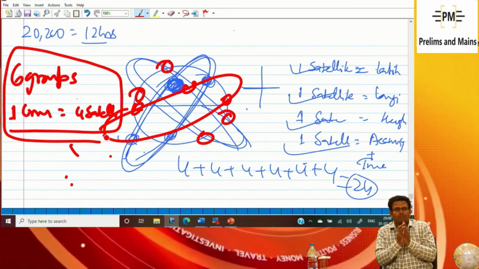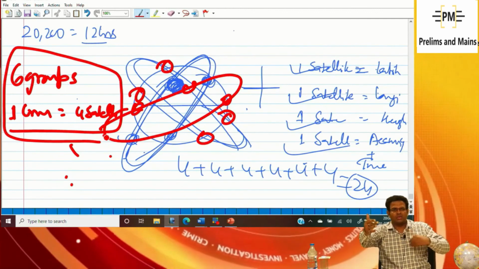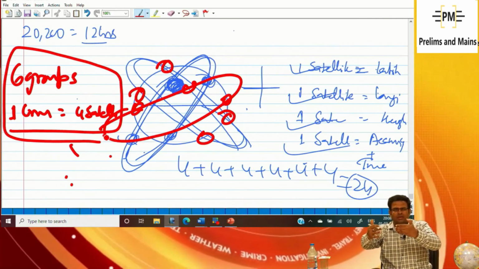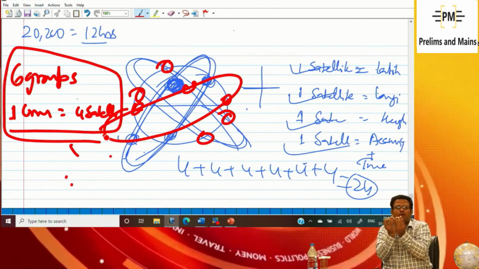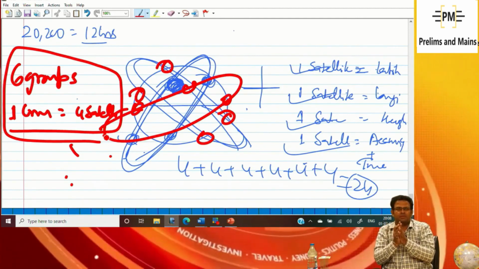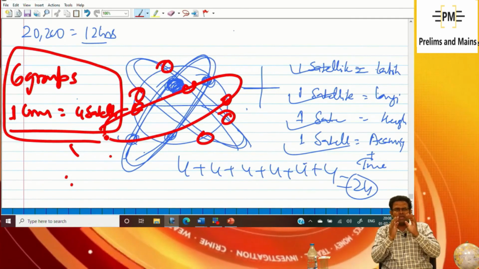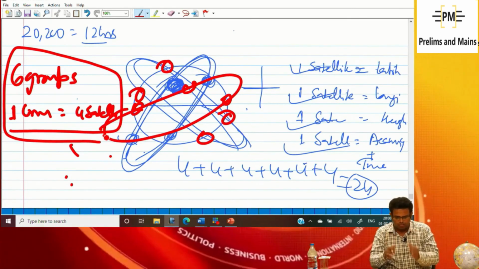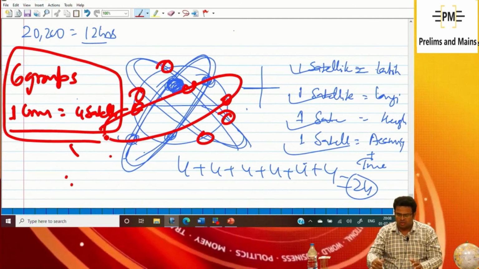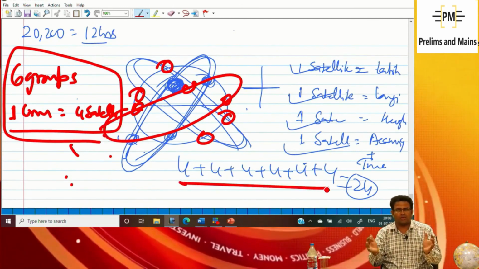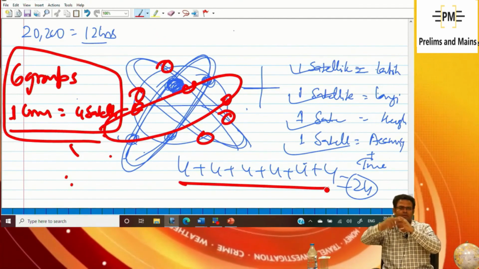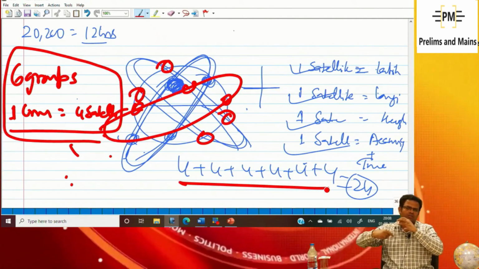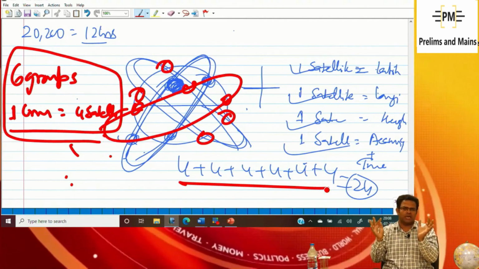But what is the problem with this? One satellite goes, then another satellite comes into that region, one satellite goes, another satellite comes, so there is a little bit of a problem with the signal. This is the problem. They have the GPS system of the USA, there are 24 satellites to cover the whole earth, and for a particular belt there is a need of 4 satellites, okay, and the whole earth has been covered with the 24 satellites.